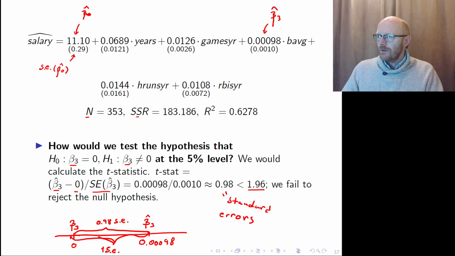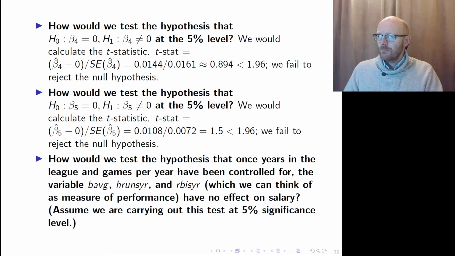Okay, what about beta 4 and beta 5? Well, we can do the same test for them because we only have one equation in the null hypothesis, so we can use the t-test on those hypotheses as well.